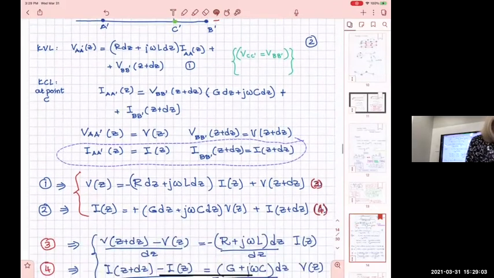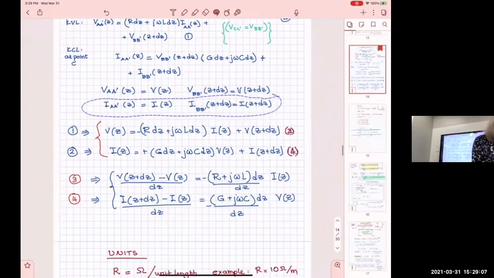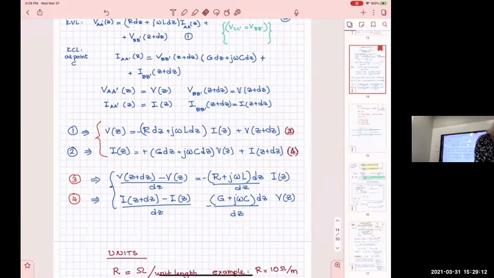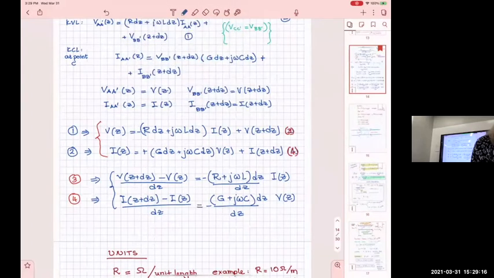So if I realize that and plug those into these expressions, what I get is something very interesting. I get, first of all, this expression by replacing, and then I group the V's together and the I's together, especially the ones that have z plus dz.